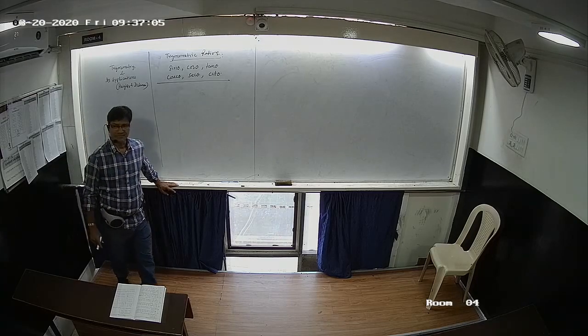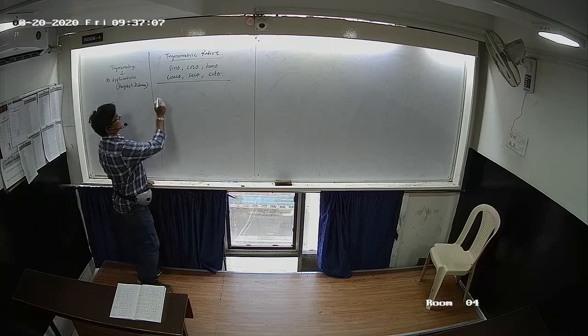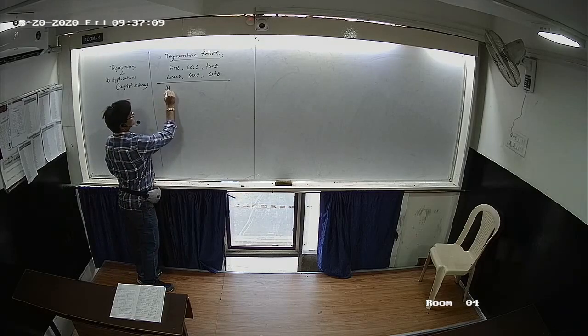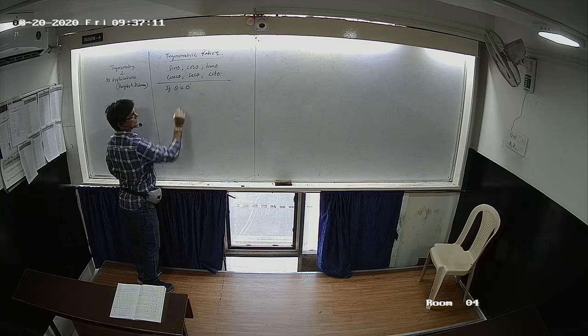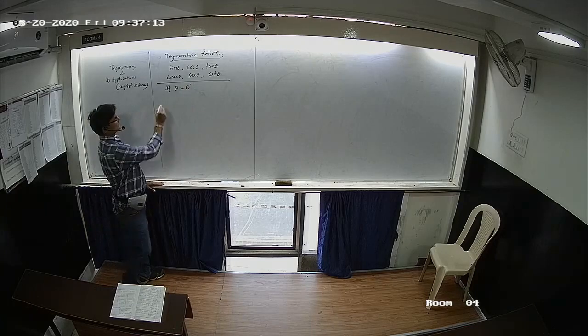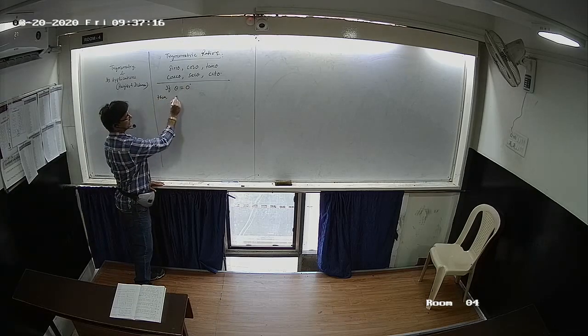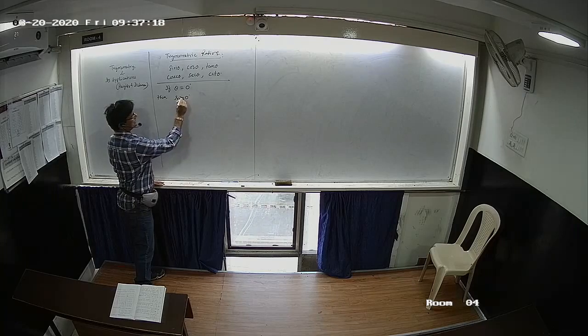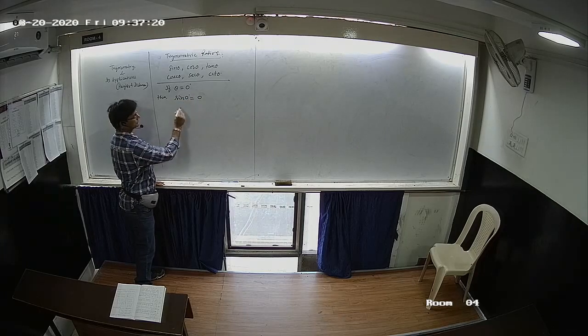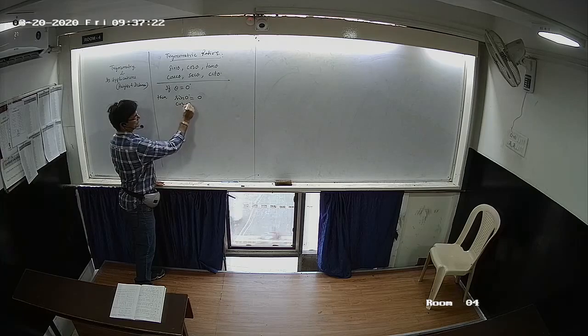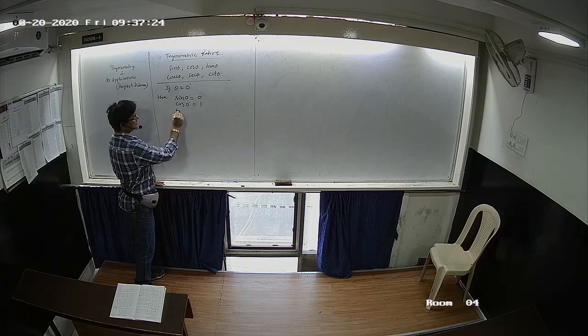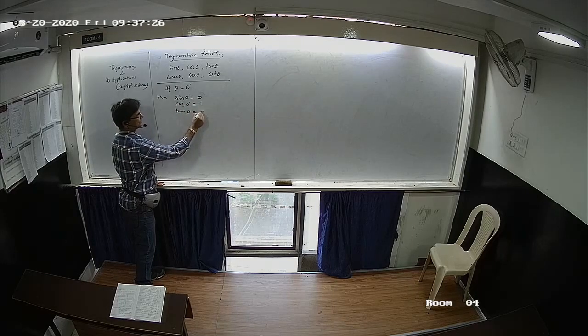Come to the angles. If theta is equal to 0 degree, then sin 0 will be equal to 0, cos 0 will be 1, tan 0 will be equal to 0.